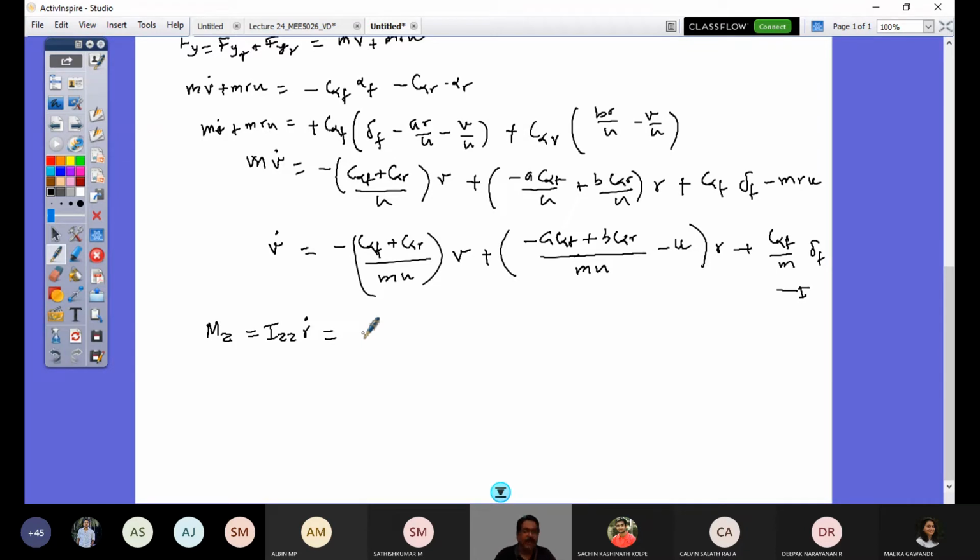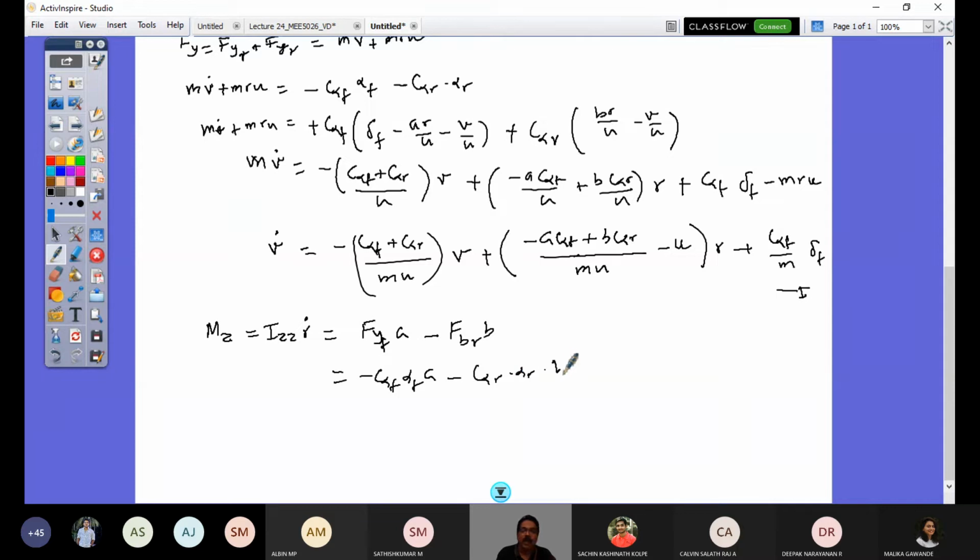So F into A, that is the moment by the front axle lateral force at the CG location, minus F R into B. Why minus here? It is a counterclockwise moment. In the SI system coordinate system, it is negative. So by substituting now, C alpha F into A minus C alpha R into B.